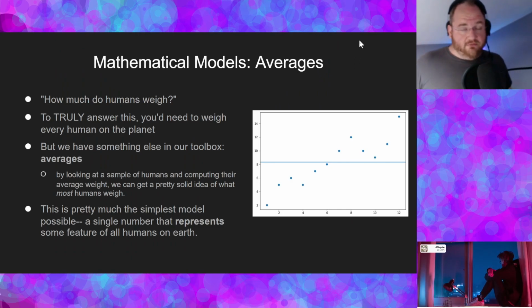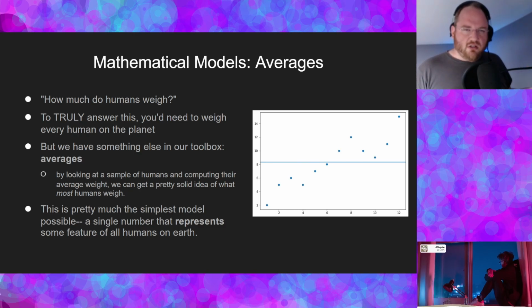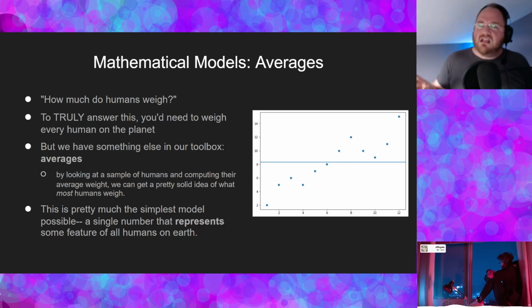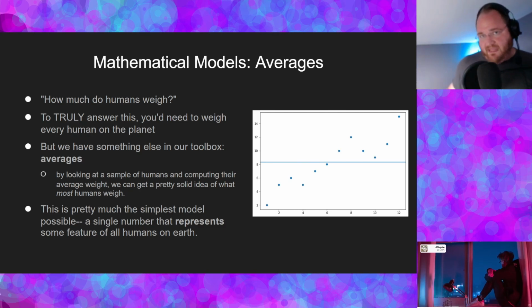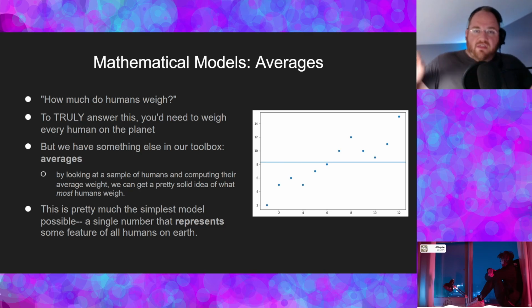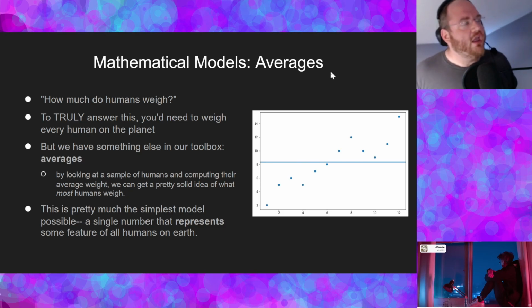Other models, right? So I think we've kind of pinned down the concept of models broadly. Let's get more into how you use models in a scientific capacity. And we'll start with the simplest model in the world in terms of statistics and such: averages. Let's say you're trying to answer this question: how much do humans weigh?